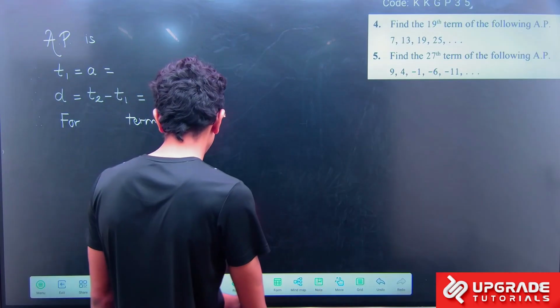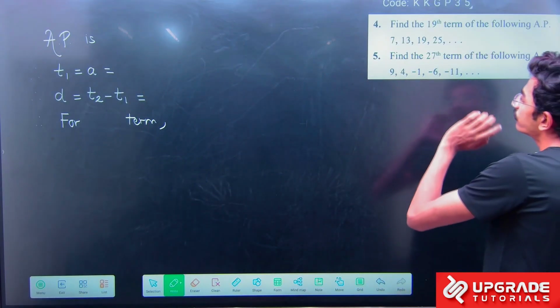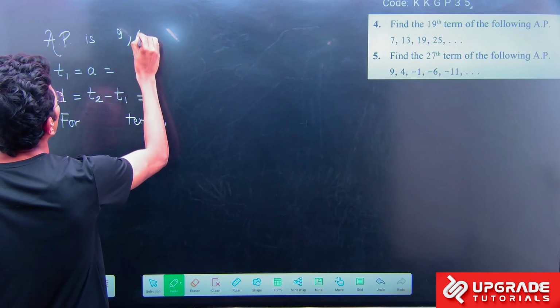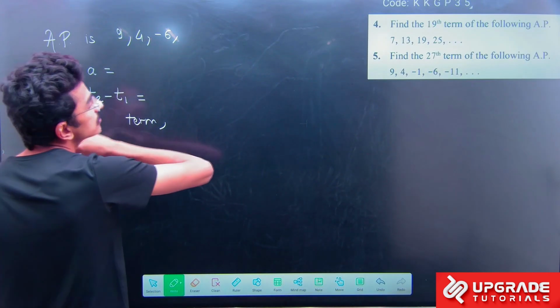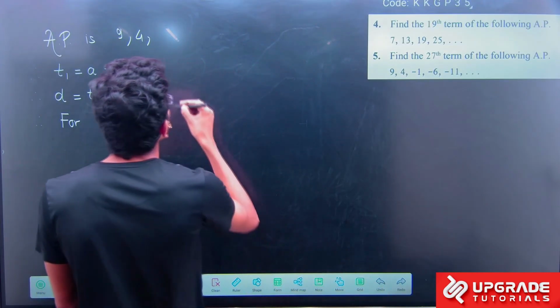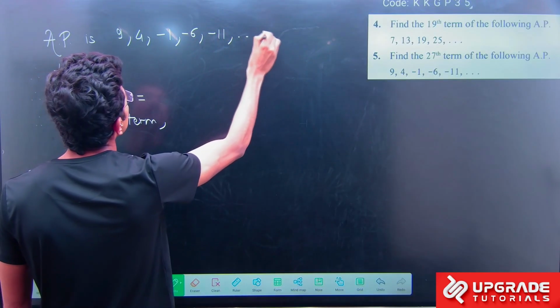Okay. Now, again the sequence is 9, 4, minus 1, minus 6, minus 11 and so on.